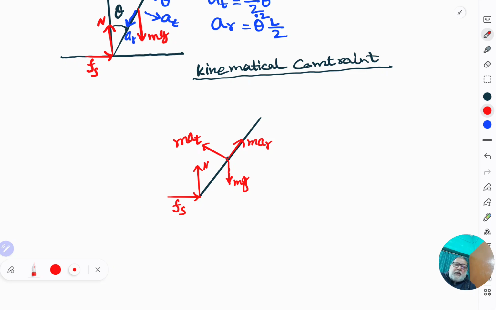Now we can immediately say that our system is experiencing an external horizontal force that gives it a tendency to slip. The horizontal component of the pseudo forces gives it a tendency to slip horizontally, and therefore the force of friction will come into play to oppose that tendency of slipping, and that must be horizontal because the floor is horizontal.